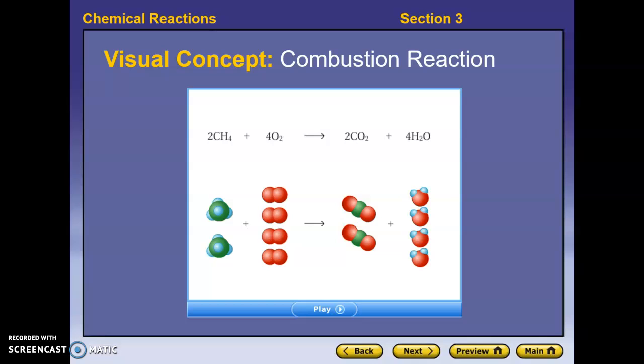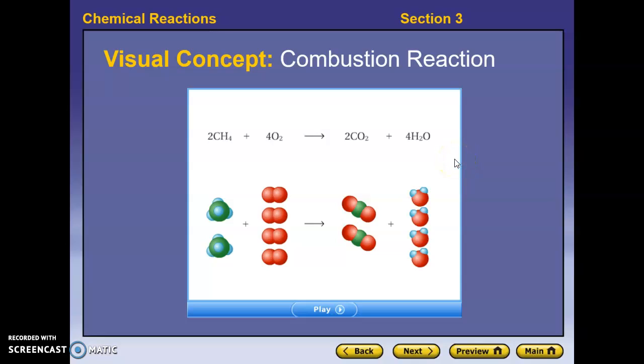This is one of the balancing equation tricks that I talked about. Remember, I said that if you are balancing this, and you are going to multiply by an odd to do the H's, that you would double it, and if you're going to multiply by an even, you wouldn't need to. Now if you take a look at this example, there actually is a problem in this example. They are showing 2 of the methanes, 4 oxygens, 2 carbon dioxides, and 4 waters.